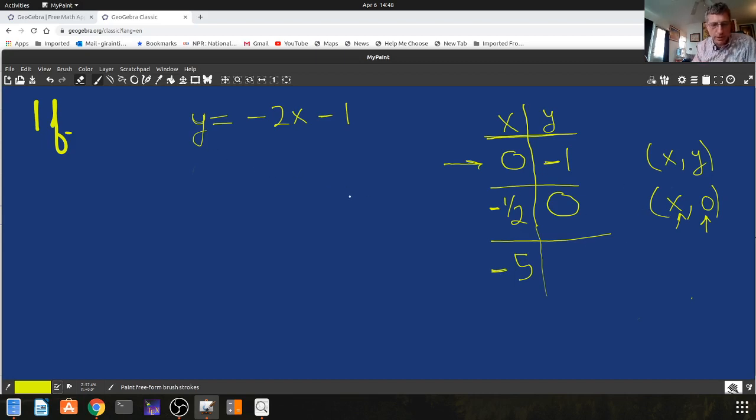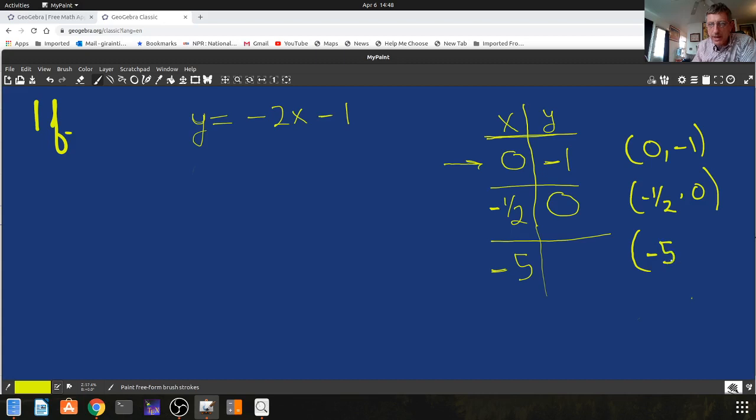So first, I just want to remind you of the points I just found. I just found the point 0, minus 1, and minus 1/2, 0. Both of those points lie on the line. I want something with the x value larger, separated out. So I'm going to try minus 5, so I have to find the corresponding value of y.